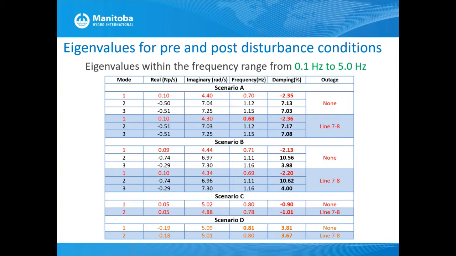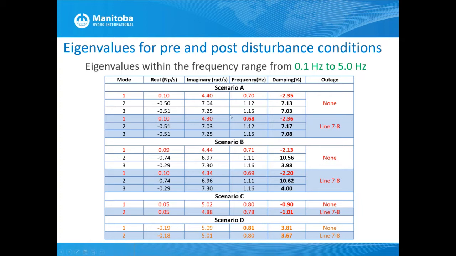There can be a couple of thousand. Now, it is very difficult to identify the eigenvalues for all of those states. If you have a number of states, there will be a number of modes. So it will be difficult to identify all of them. What we do is we try to identify any mode which has an oscillation frequency from 0.1 Hz to 5 Hz, because these are the typical electromechanical range.